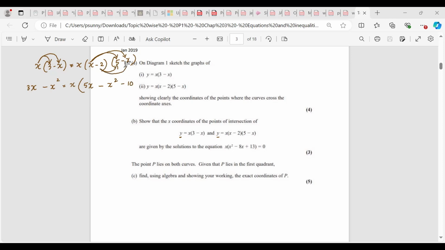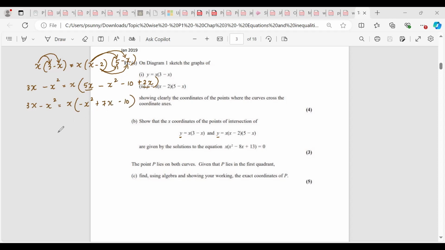And then minus 2 into minus x will give you positive 2x. Minus x square, 5x plus 2x is 7x, and then we have minus 10.